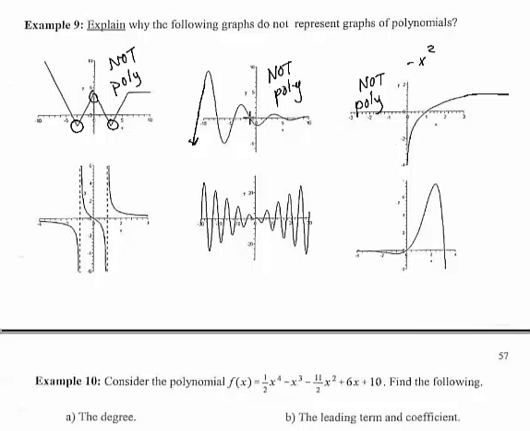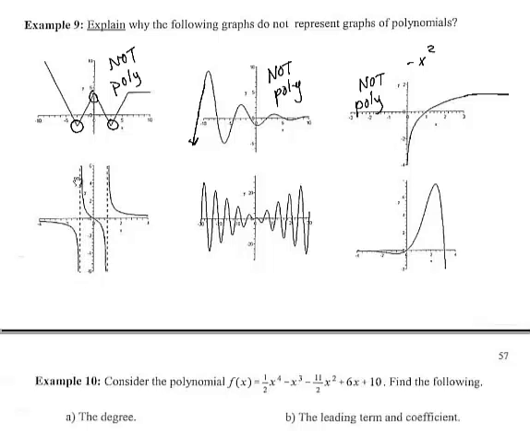So the top two on the right, they were smooth, and they didn't have sharp points, but they didn't have definitive end behavior. Okay, this one down here, bottom left, is not continuous.